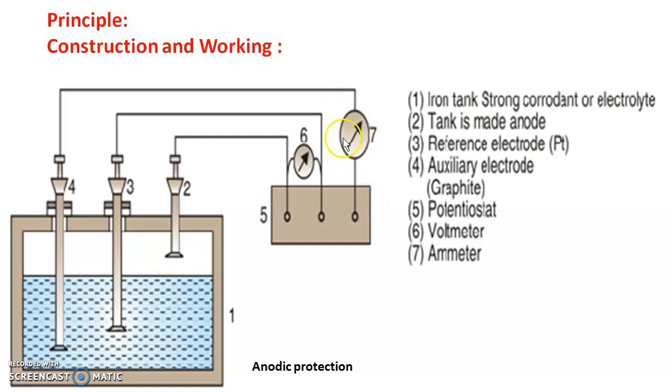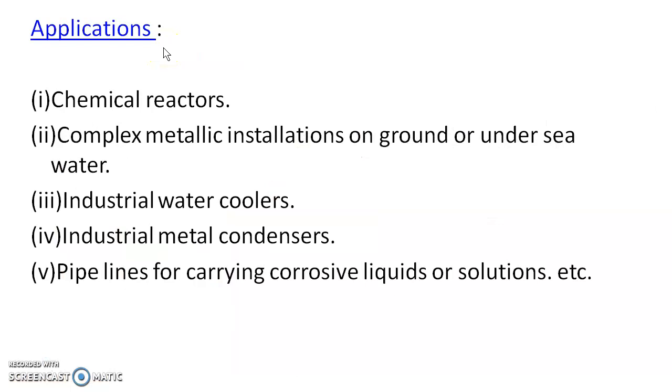If the system goes out of control at any time, the corrosion current will be high and the electrical connections can be removed immediately. So this is the simple construction and working of anodic protection.